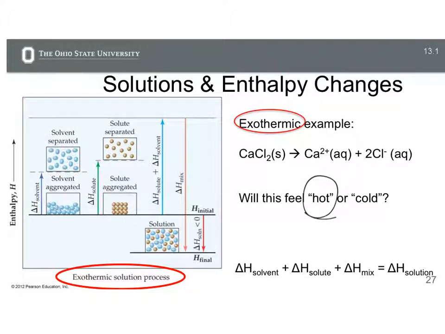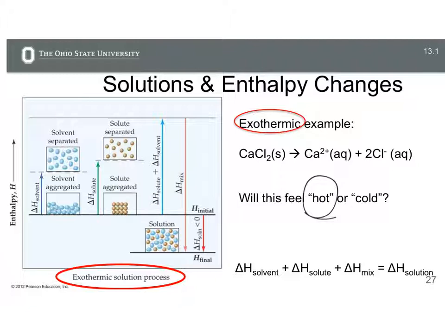We've got a green arrow representing the amount of energy that we need to use to break up that solute. And then this light blue arrow is just the sum of those two delta H's. And then the orange is giving our enthalpy of mixing.